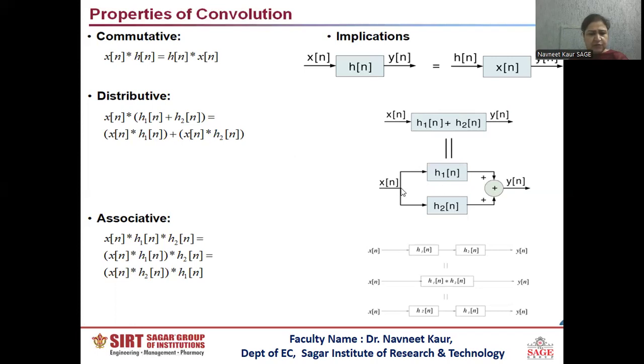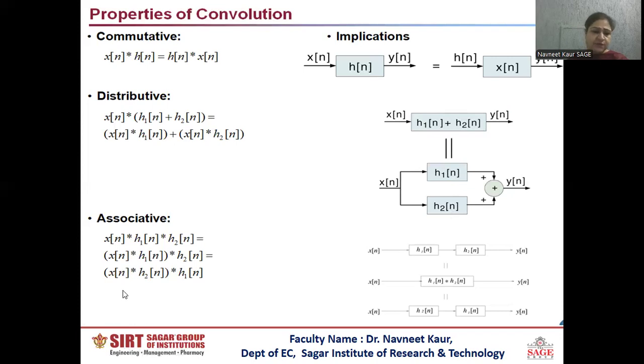So Xn is the common input. It is convolved with H1n, Xn convolved with H2n, then I'll sum. If these two are equal, this says that if two systems are in parallel, then they can be replaced by an equivalent system whose unit impulse will be the sum of the unit impulses of these two systems.